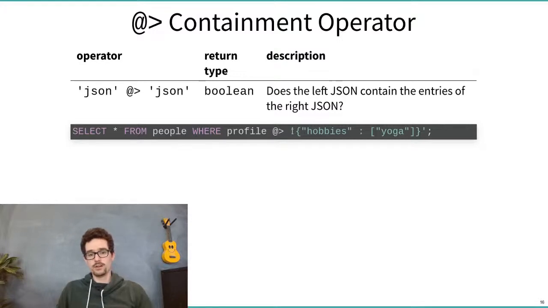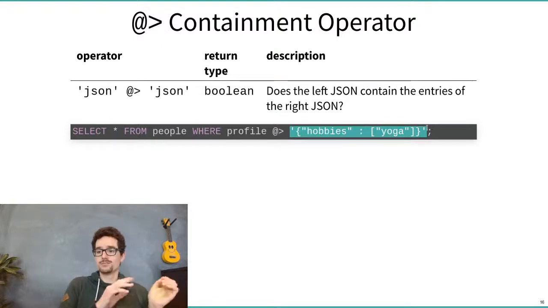We had this operator here, which checks whether the JSON document on the right of this operator is part, basically a sub-document, of that that's actually stored in the column profile in this case. So it checks whether this document contains this document. So it's okay that we have additional fields here, additional elements in that array.